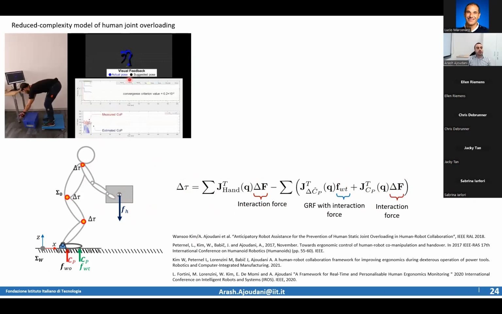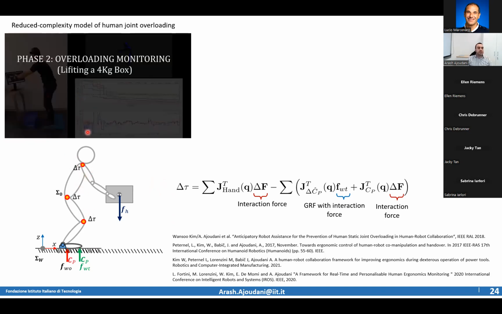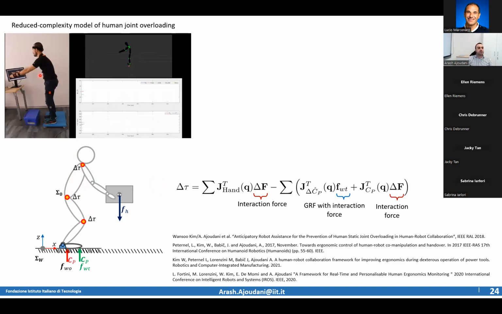We have been working on making the identification of the human parameters one-shot and online. By providing some postures that minimize the number of required postures for the identification of the parameters through Kalman filters, we are able to identify human dynamic parameters, and eventually you can use this information, for instance here, to update the overloading joint torques of the human body.